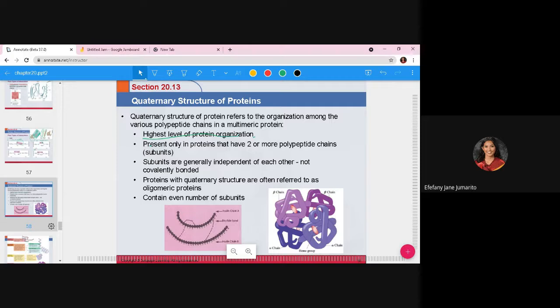Iya himuon niyang i-adjust iyahang shape into the best shape na maka-store og enough energy, and also the best configuration. So mag-change siya kung naa siya lahi-lahi na structure.